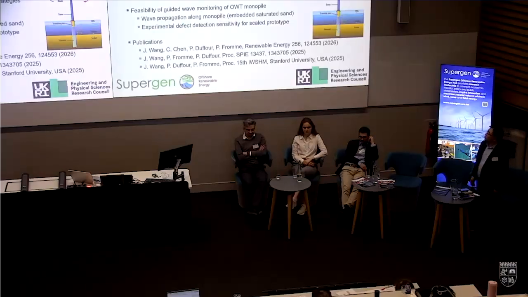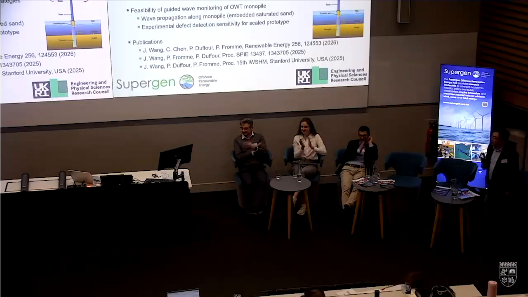And then we can have a look at how we can integrate such data into our reliability measurements in order to predict the reliability for lifetime extension. Thanks a lot.